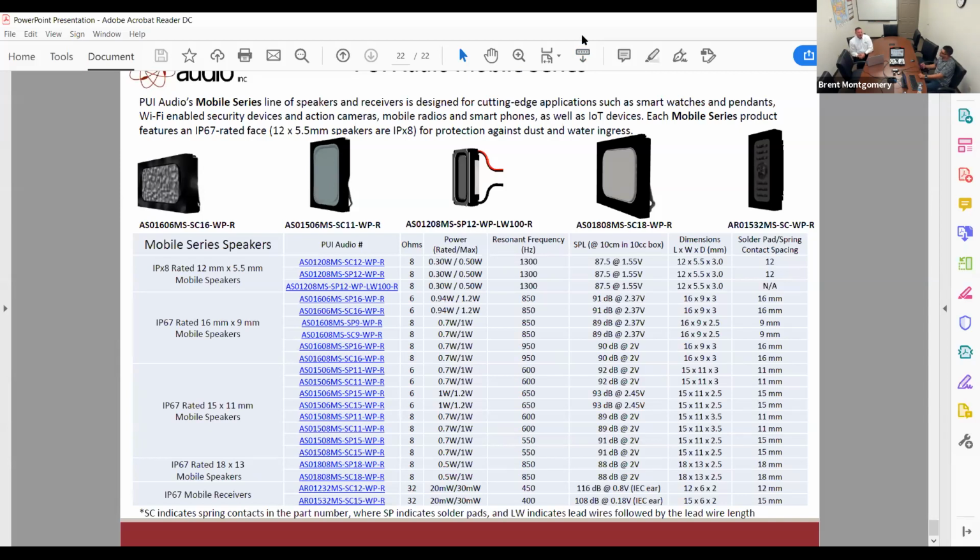So we have a very large portfolio of speakers which are not included in this presentation. We invite you to visit our website or reach out to the Aurora Group or us directly, and we can certainly recommend a solution.